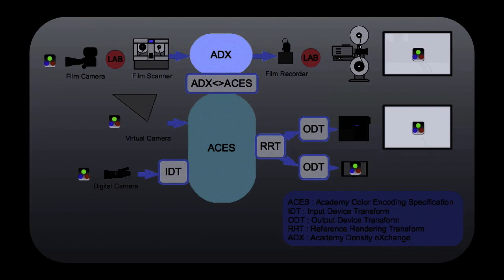And on the other side, when you deliver ADX files to a lab, it's the lab that calibrates itself to the ACES to reproduce the most colors it's capable of. That's also very interesting, because your reference now is the ACES color space. It's no more your film output.